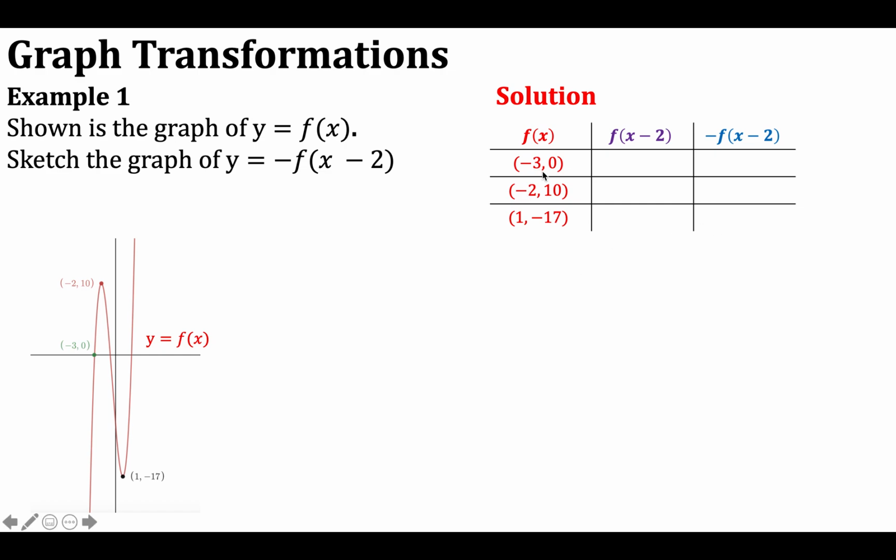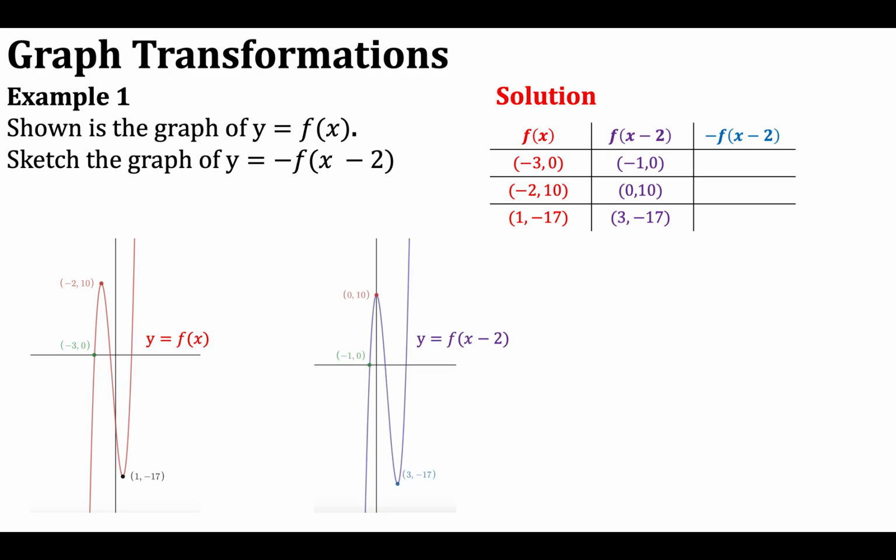Negative 3 add 2 gives me negative 1, 0 as my new point. Next one, negative 2, 10 will become 0, 10. And 1, negative 17 will become 3, negative 17. Now I could draw that graph as it is. You can see same shape and everything, but the graph has moved to the right by 2 units.